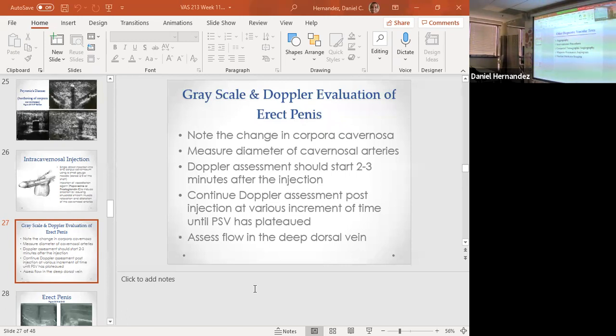We can also do CT guided or computed tomographic angiography using a CT machine. We can do angiography using MRI. And then we can also use nuclear medicine imaging as well. So there's a couple different modalities that we have options for, and each one has its benefits and drawbacks.